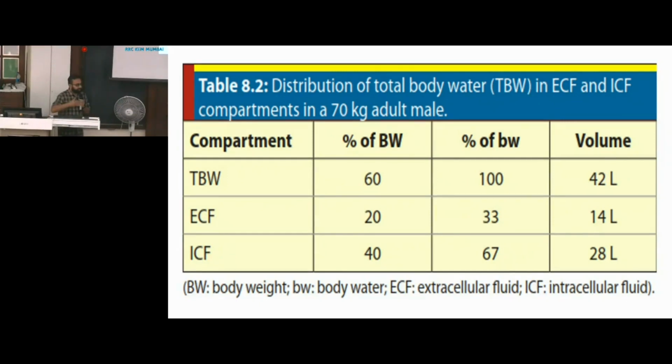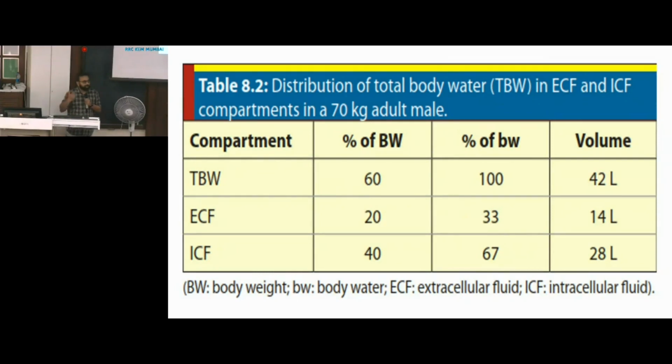So kg and liter go hand in hand here. So 14 kg or 14 liters will be the total volume of the ECF, the extracellular fluid. And ICF, the intracellular fluid, will be 40% of the total body weight. So if 70 kg is the total body weight, how much is 40% of it?